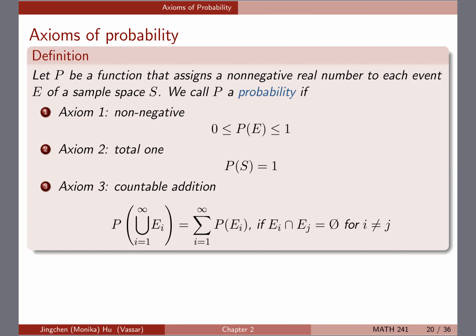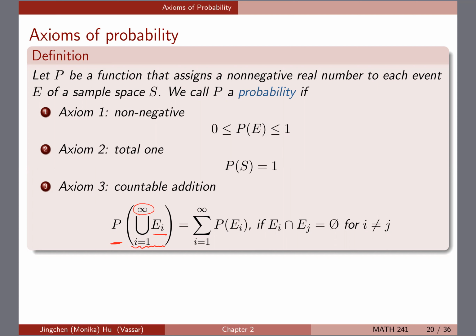Lastly, countable additivity. Notice the notation here. We're looking at the probability of the union of all of the events, and you can have an infinite number of events. So we use E subscript i to denote the event E_i, and then we take the union of all of them.